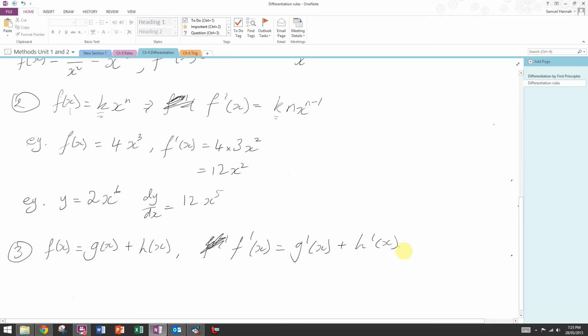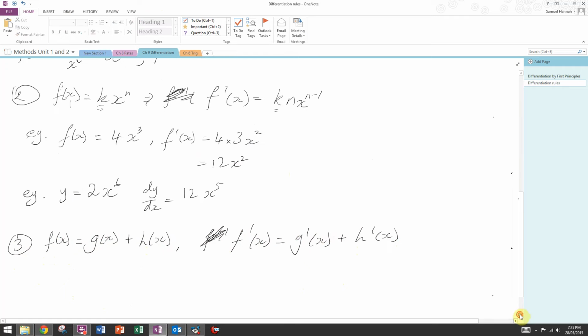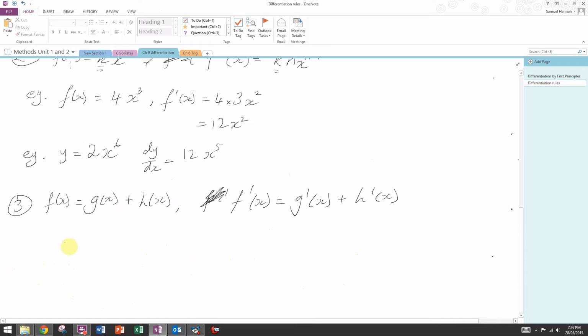So I'll give you a couple of examples of this, just to show you what I mean. So it means if our function is, say, x to the power of 4 plus, oh, let's make that 3x to the power 2 plus 1, then our derivative function is just the derivative of the first bit here, so that's 4x to the power 3, plus the derivative of this bit here, which is 2 times 3, 6, and then x to the 2 take away 1, so that's just a 1 there.